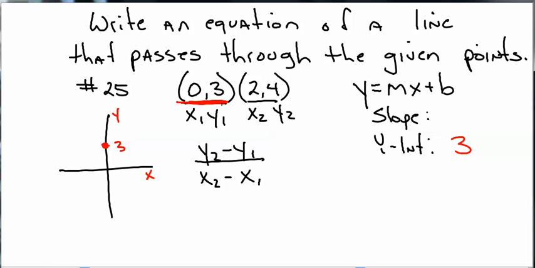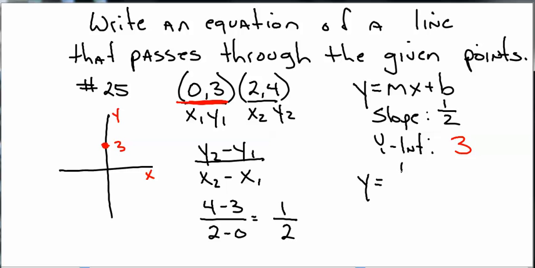You're going to get 4 minus 3 over 2 minus 0. The slope of that line is 1/2, so the equation of the line that passes through those points is going to be y equals 1/2 x plus 3.